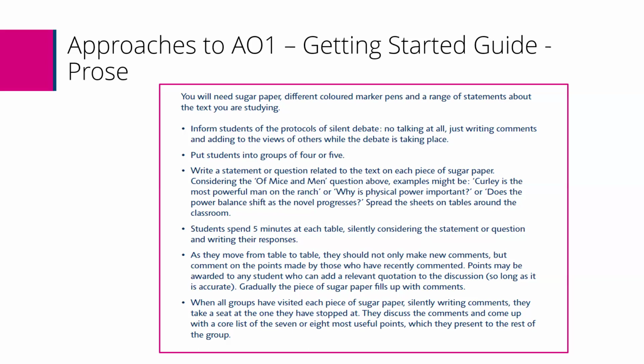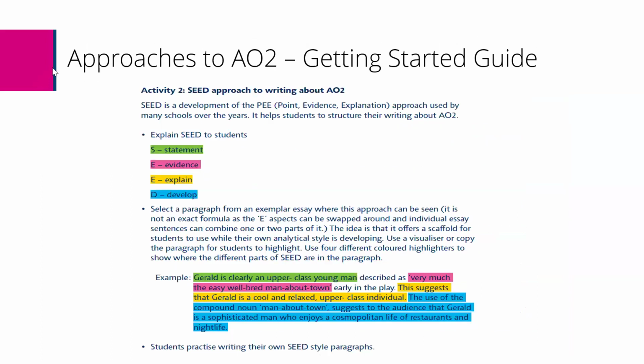Okay, so that's our little approach to teaching AO1 on the screen from the Getting Started Guide. And we've got some approaches now to the teaching of AO2. This particular slide that we're going to look at now is in relation to the modern drama, the AO2 on modern drama, because this one is looking at An Inspector Calls.